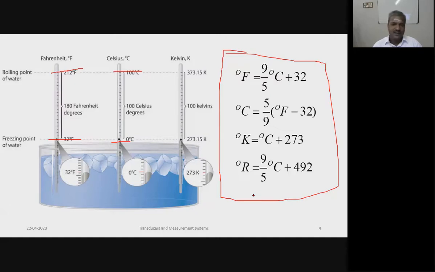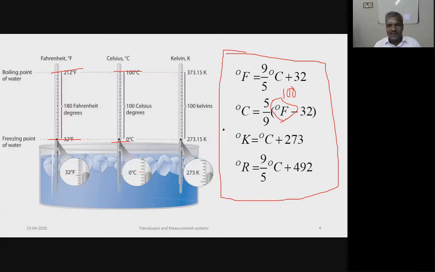You can calculate how much that is in degrees Celsius. Say 100 degree Fahrenheit: 100 minus 32 is 68, 68 into 5 divided by 9 gives the value in degrees Celsius. Similarly, if you go to a doctor, the doctor says your temperature is more than 100 degree Fahrenheit.